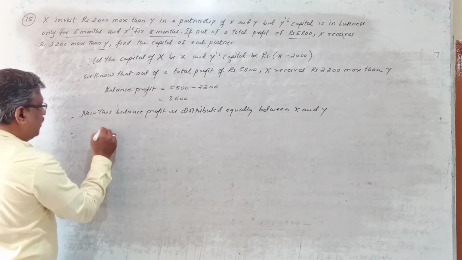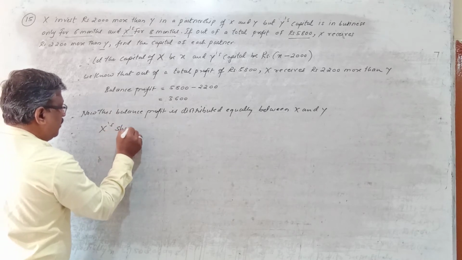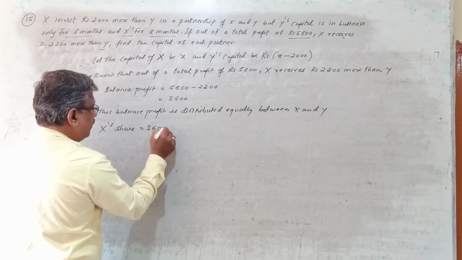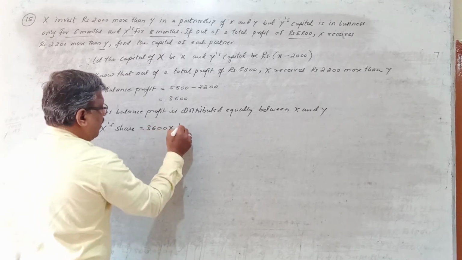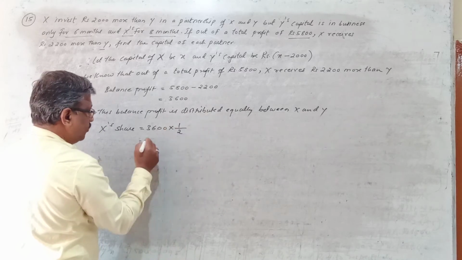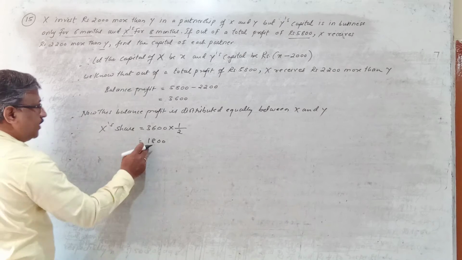Means first you find X's share in the balance profit. X's share in the balance profit is equal to, take this balance profit 3,600 and multiply by 1 by 2. Equally 1 is to 1 means 1 by 2. So we will get 1,800. So X will get 1,800.